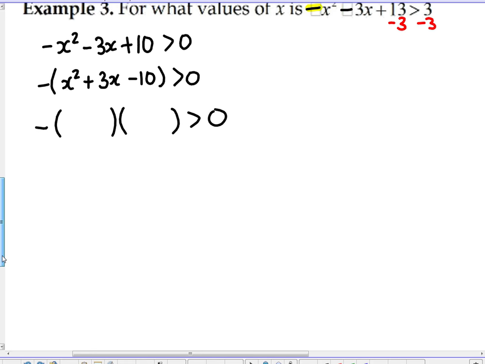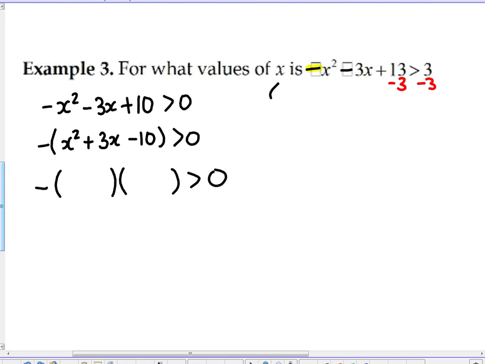Now, you could also solve, is anyone moving everything to the other side? Yeah, so if you move everything to the other side, you have when is 0 greater than x squared plus 3x minus 10. You're going to get the same answer in the end. So I'll do both, whatever you choose.